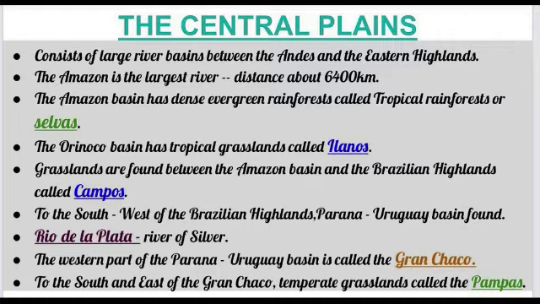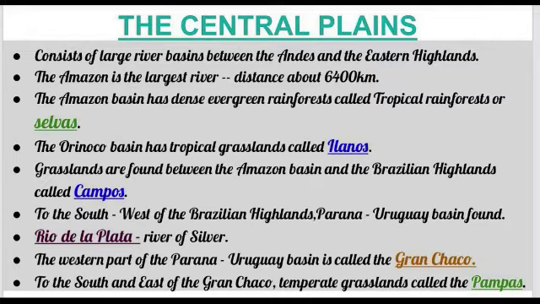That means different types of trees and plants are there. The trees grow so thickly that sunlight doesn't reach the ground. And these climbers, the woody vines, are called lianas.